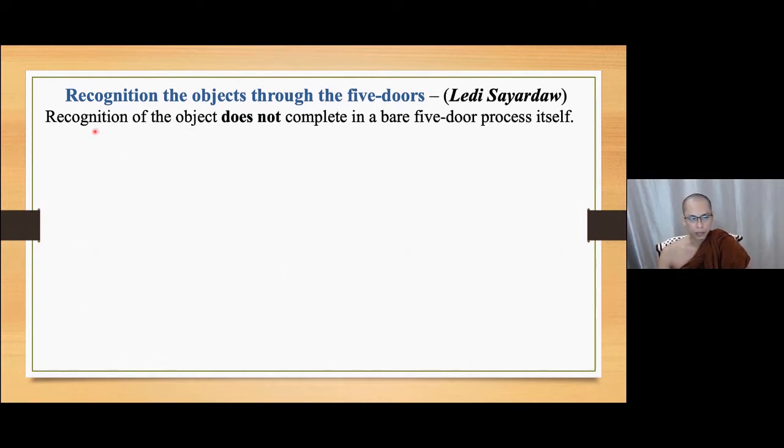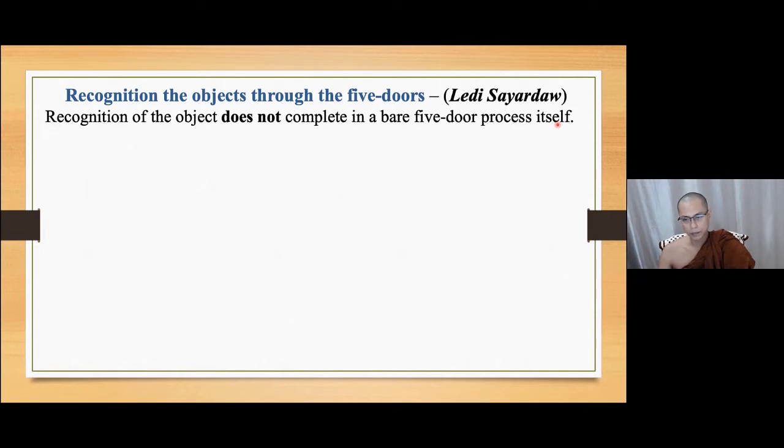But actually, the recognition of the object is not accomplished in a bare 5-door process itself. When we hear, it is also the same. So let's see the eye-door process first.